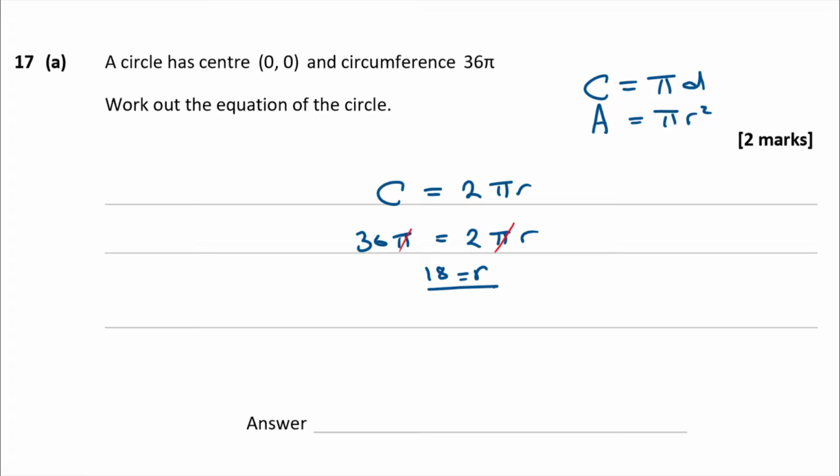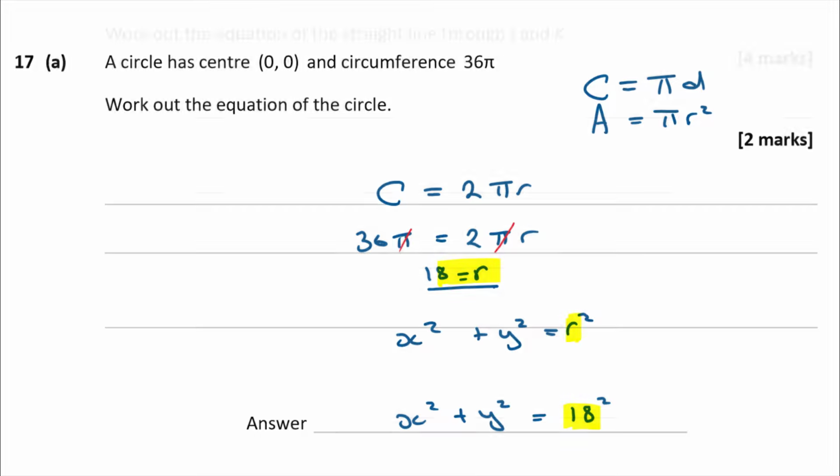The equation of the circle is going to be of the form x squared plus y squared equals r squared, so it's going to be 18 squared. Equations of circles are always the form x squared plus y squared equals r squared, where r is your radius, so you just substitute in 18 for r.